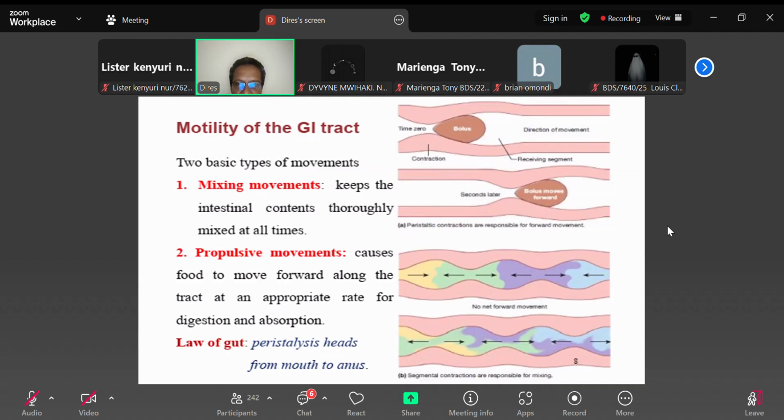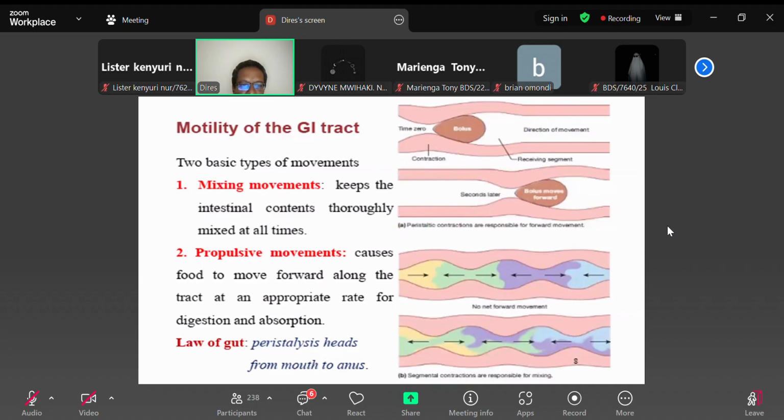Mixing movement means a portion of the alimentary canal contracts and relaxes, thereby mixing the food with the digestive enzymes. Just mixing, like the one you do when you are making dough to make bread. Just like that, mixing.